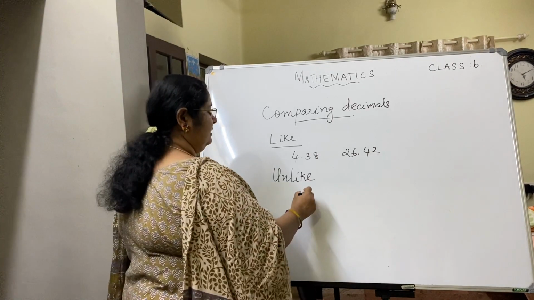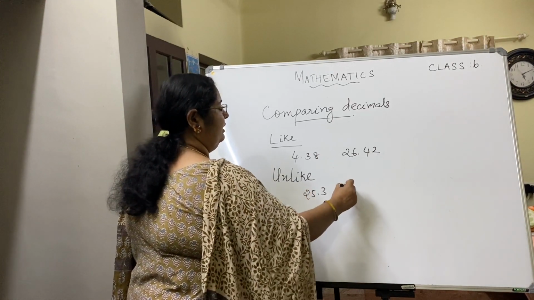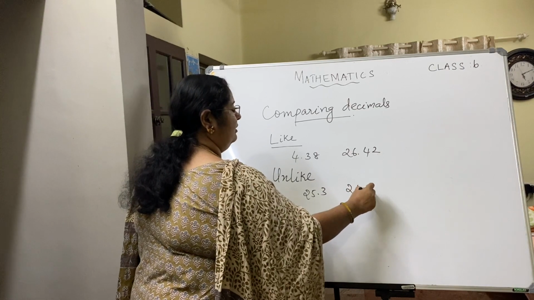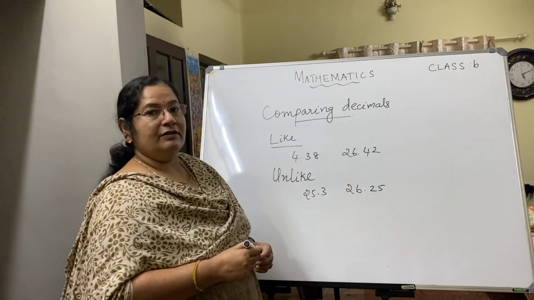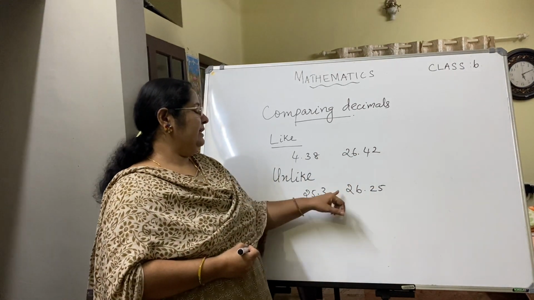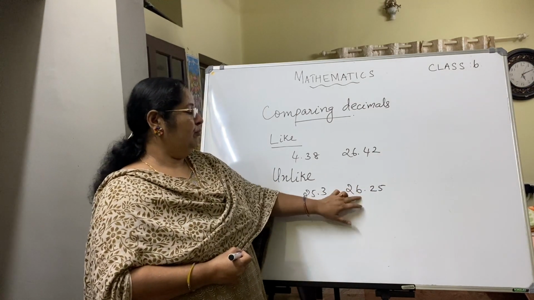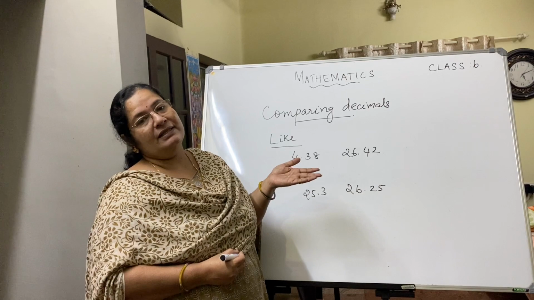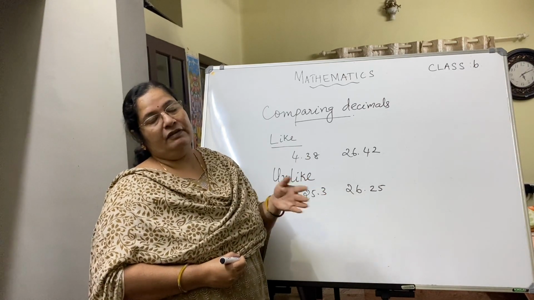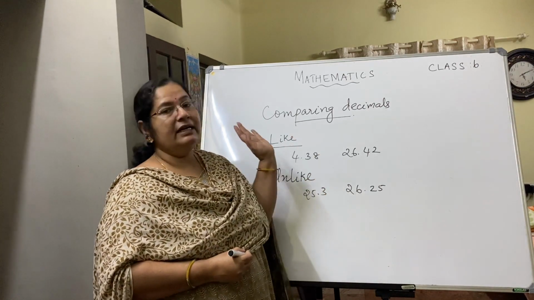One example is 25.3 and 26.25. So 25.3 has only one decimal place, 26.25 has 2 decimal places, even though both of them have the same number of places in the whole number part. So we are not concerned with the whole number part, only with the decimal part.